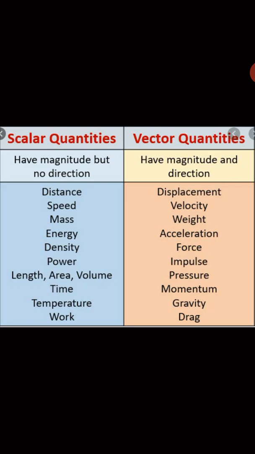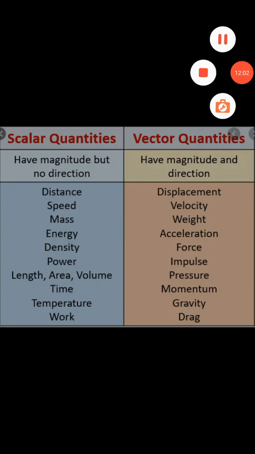So here direction is very important when displacement takes place. This was an example of a vector quantity where, along with magnitude, direction is also necessary. So this is the major difference between scalar and vector quantities. That is, scalars don't need direction, but vector quantities do need direction. Thank you.